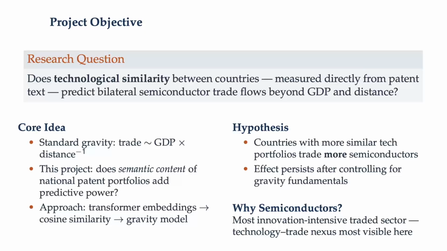So total trade volume can be determined by two countries' masses and the distance between them. The masses can be interpreted as GDP in economics. So the GDP of the origin country, the GDP of the destination country, and the distance between the two countries can determine the trade volume.